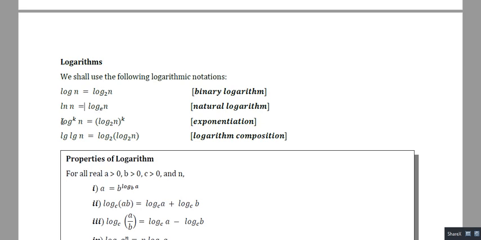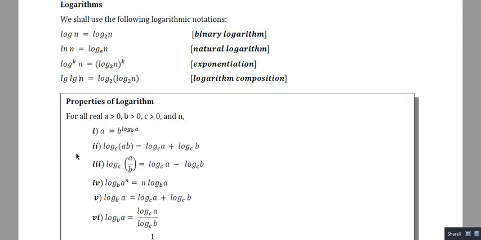Log n power k is called exponentiation of logarithm, meaning log n base 2 whole power k. And log log n means we are applying the logarithm twice, which is called composition of logarithms, like composition of functions we have discussed in discrete mathematics.